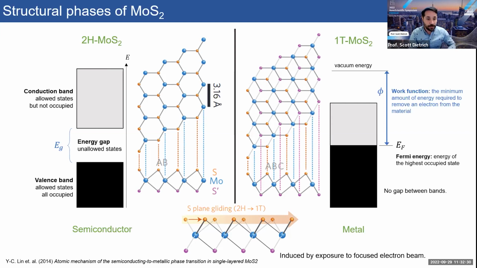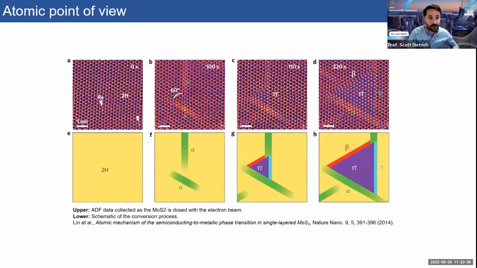And so I first want to give some motivation of why this transition might be induced by pumping electrons into the system. But it's also a phenomenon that's been observed. This is TEM data of a monolayer MoS2 with increasing electron doses as we go from right to left.